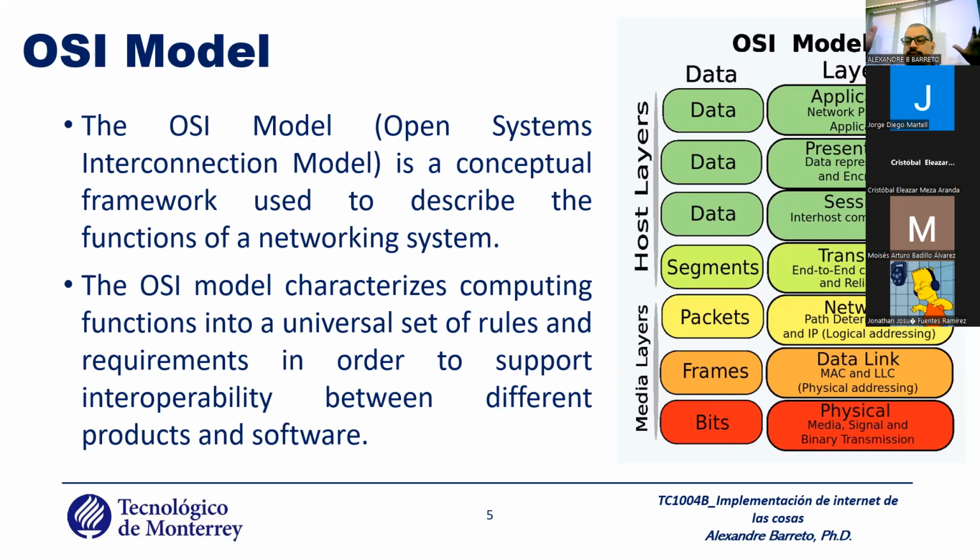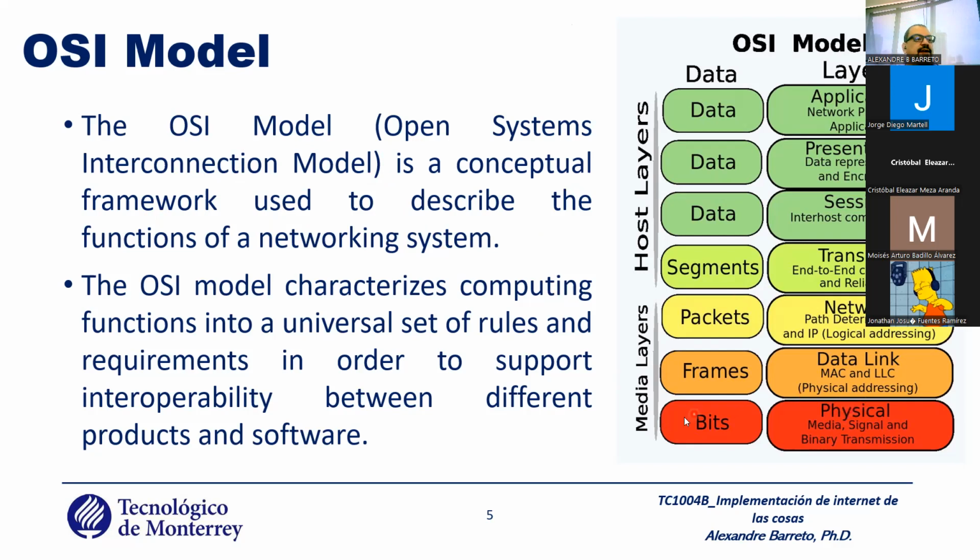Another, how to handle this data in the application, for example, in WhatsApp, Google and others. That's what's in the OSI model. The OSI model is the Open Systems Interconnection model. It's a conceptual framework used to describe the functions in the network system.